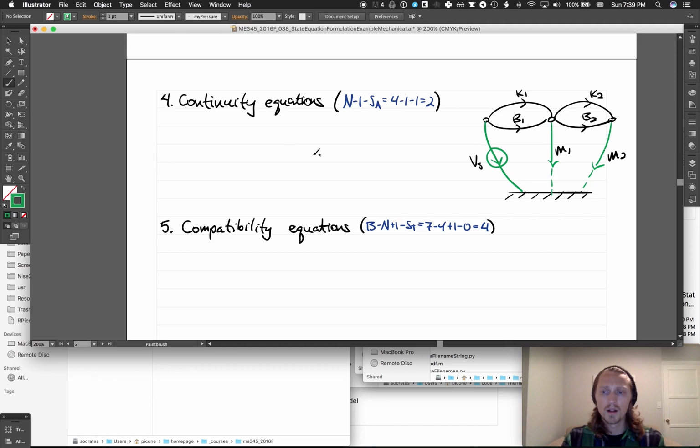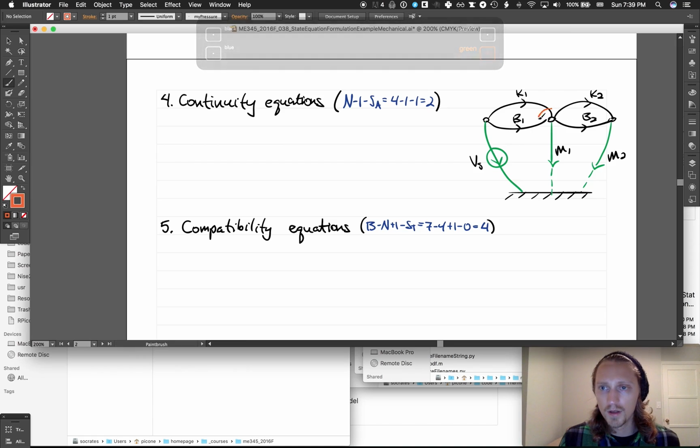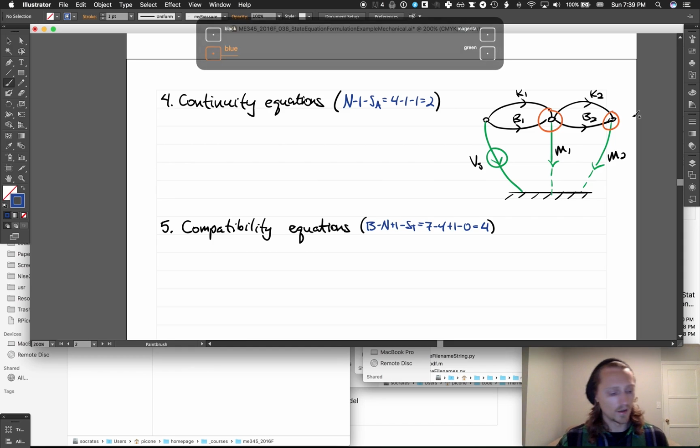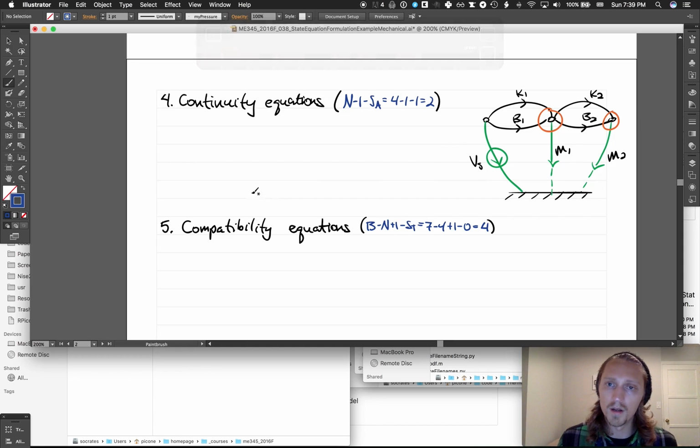So we need to draw some contours. And remember that our contours have to intersect one and only one passive branch of the normal tree. Okay, so I'll do it in orange. So this would be a case, and so would this. Those are two good cases. There's no need to do anything fancy here, although we could do other contours. The equations should come out the same.